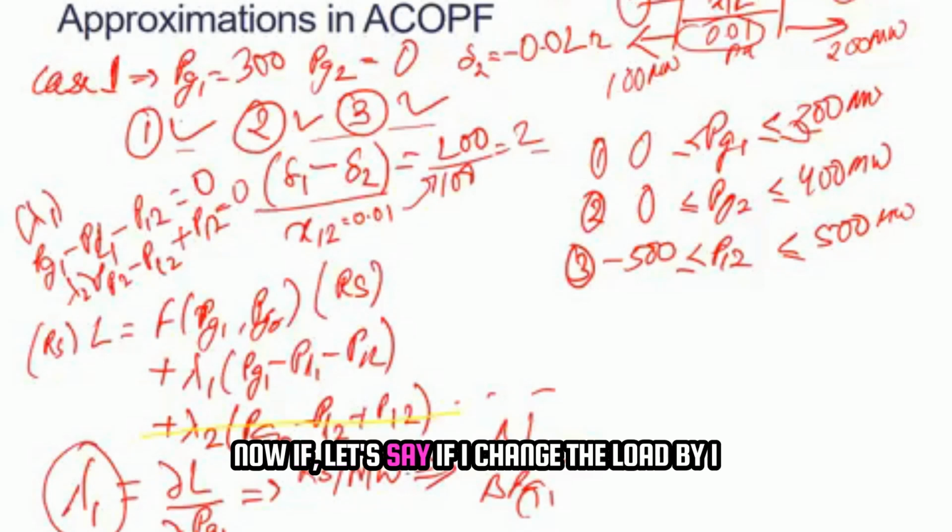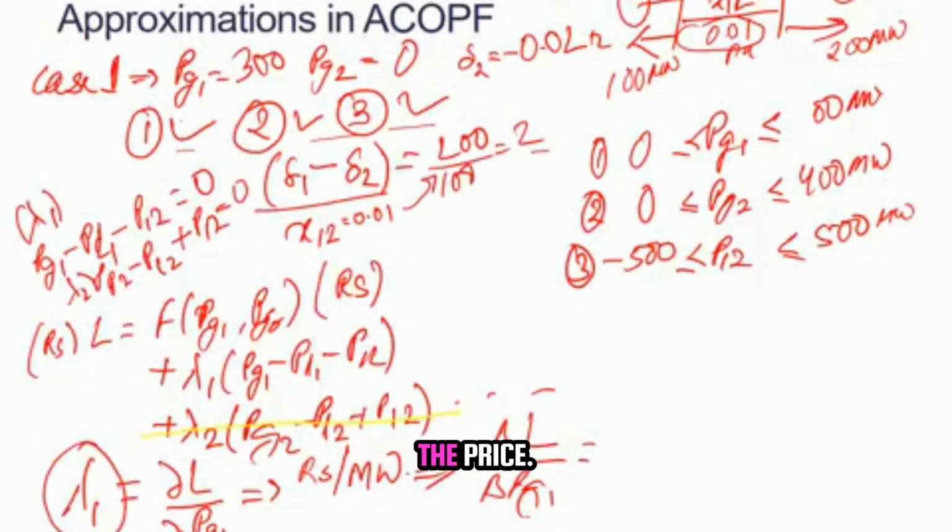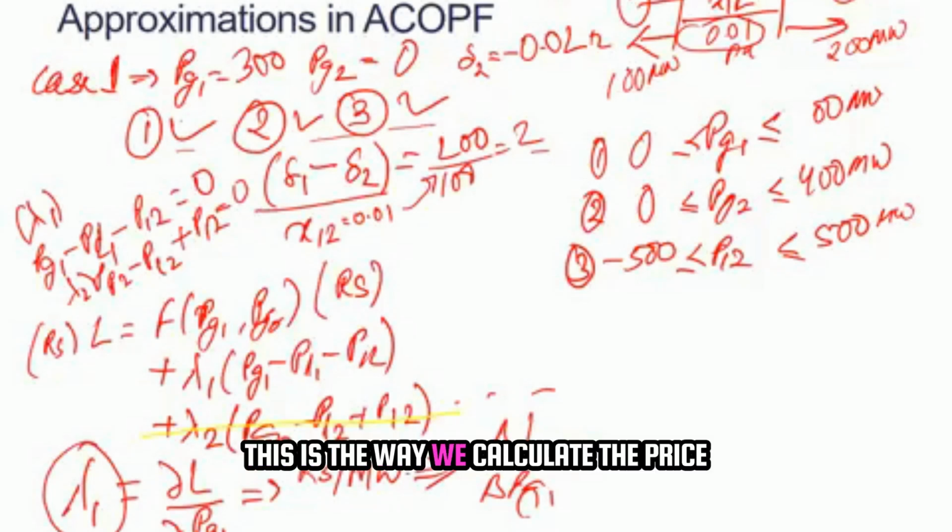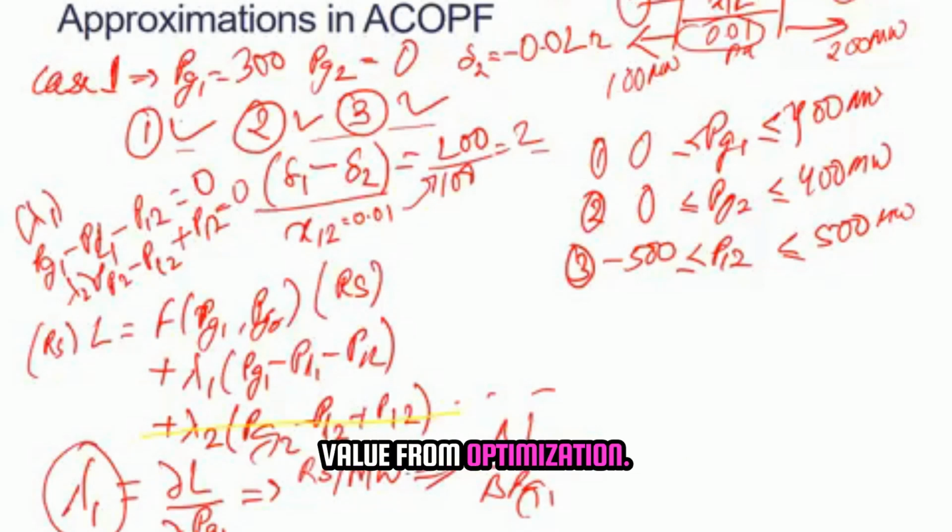Now if I change the load by 1 megawatt at bus 1 and bus 2, whatever is the change in the load will lead to some generation change, and that change will be the price. This is the way we calculate the price without running the optimization. Eventually you will get the same value from optimization, but I'm just giving you an idea.